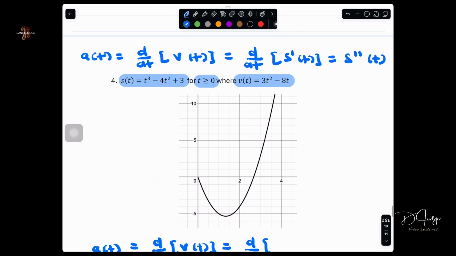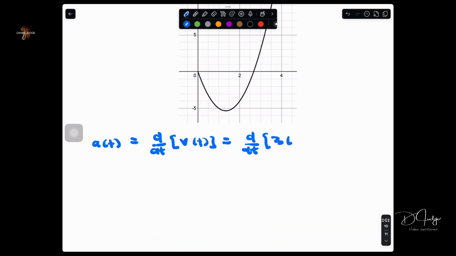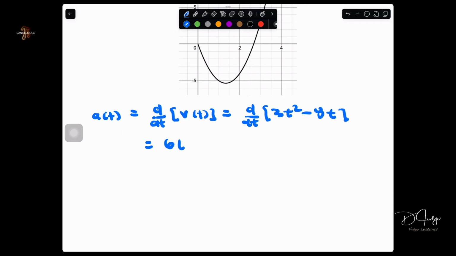Velocity is 3t squared minus 8t. That derivative will be simply 6t minus 8. So the acceleration function here is 6t minus 8.